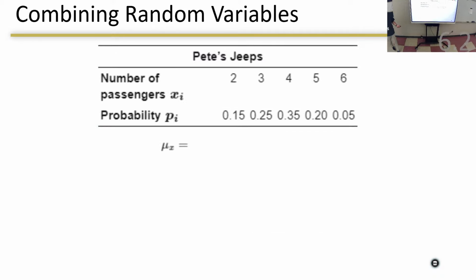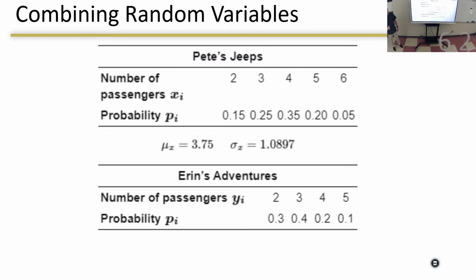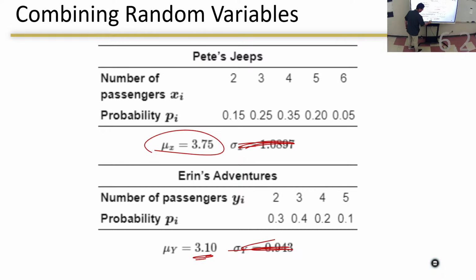I'm telling you that Pete's average is 3.75, but I don't care about the standard deviation yet. And I can tell you that Erin's average is 3.10. So Pete carries more people on the average than Erin does.